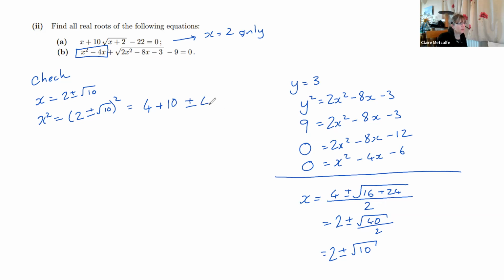So it's plus or minus 4 root 10. We get 14 plus or minus 4 root 10. So what I'm trying to do is actually check both solutions at once, which might go horribly wrong, but we'll just go with it.